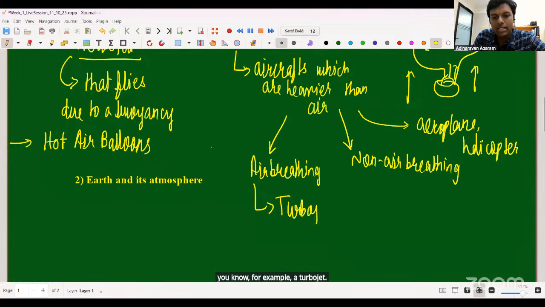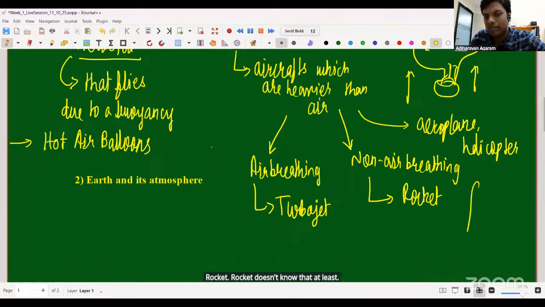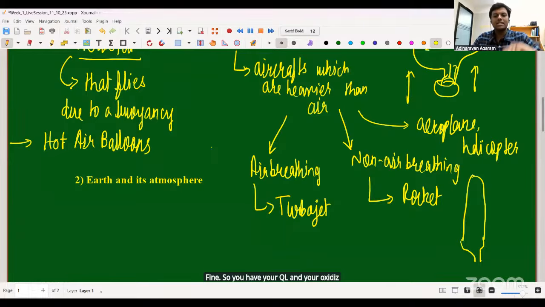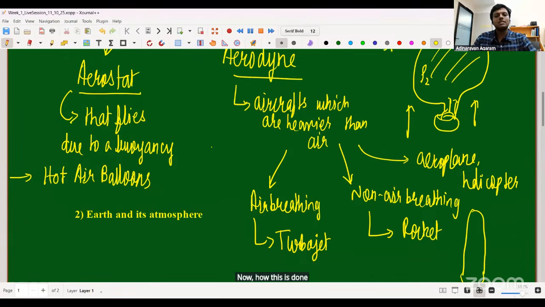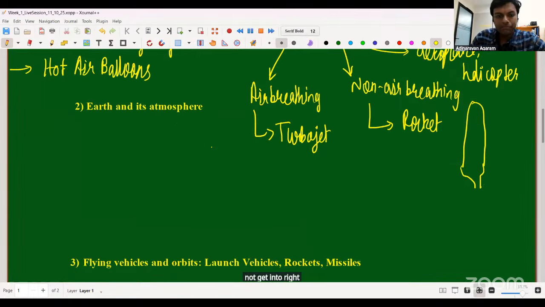A turbojet engine is an air breathing system. And an example of a non-air breathing system is a rocket. Say you have a rocket. There's no air that you can carry in the rocket. So you have your fuel and your oxidizer inside, and there is some reaction happening which takes it up. How this is done is something let us not get into right now.